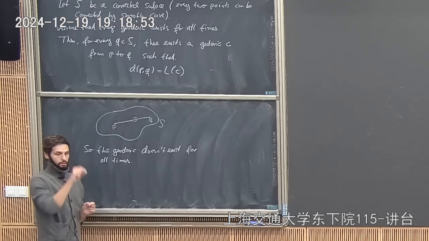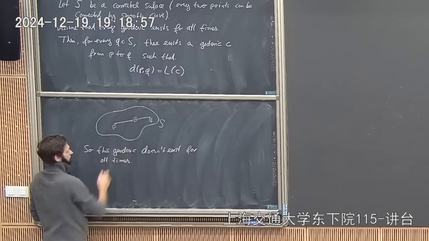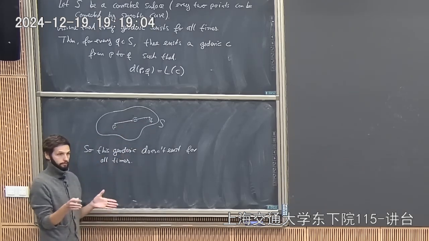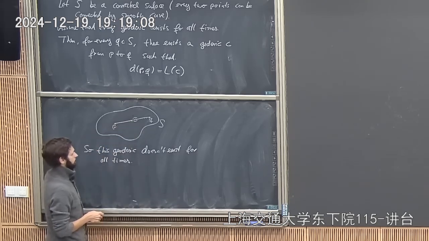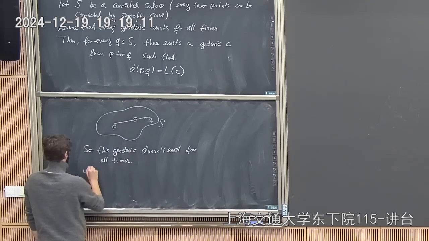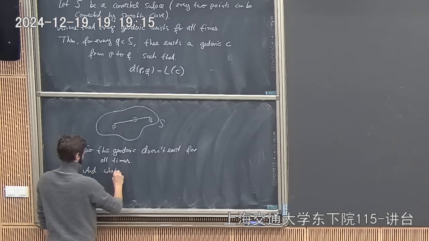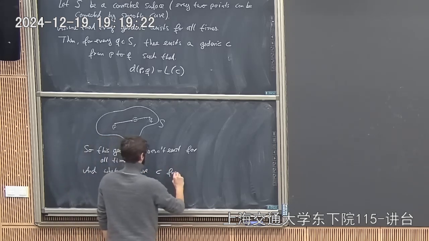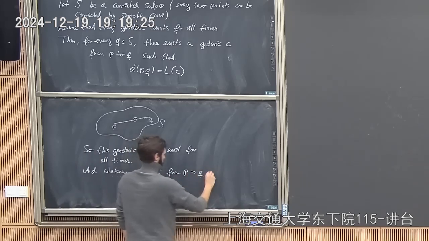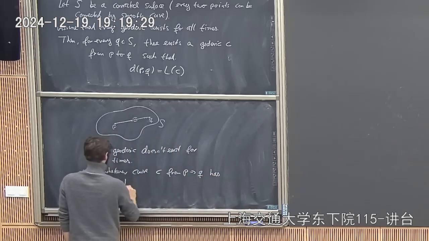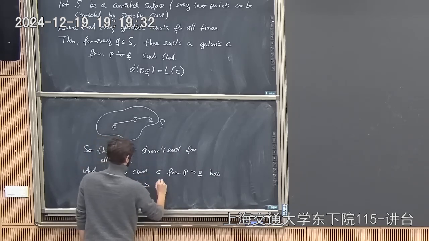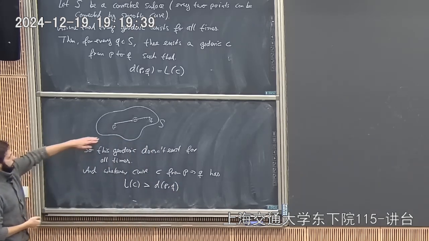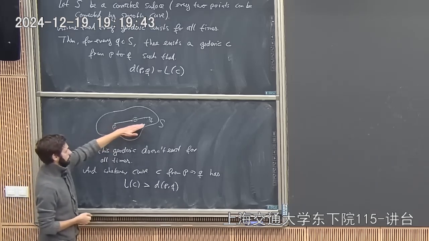So there will be some small deviation from the length, so whatever connection I choose between P and Q, it will always have a length that is strictly bigger than the distance between P and Q. So in this case, we don't have a minimizer in the sense that there is a curve that assumes this minimum.